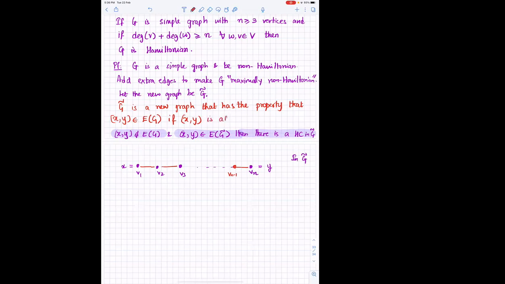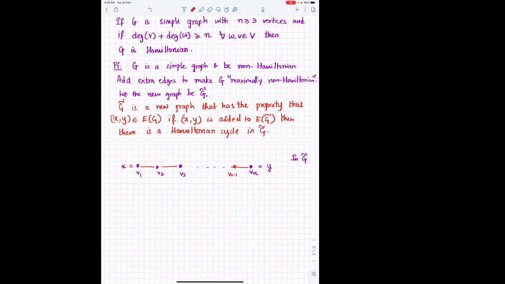If xy is added to E of G tilde, then what can you say? Then G tilde would have a Hamiltonian cycle. Is this clear?